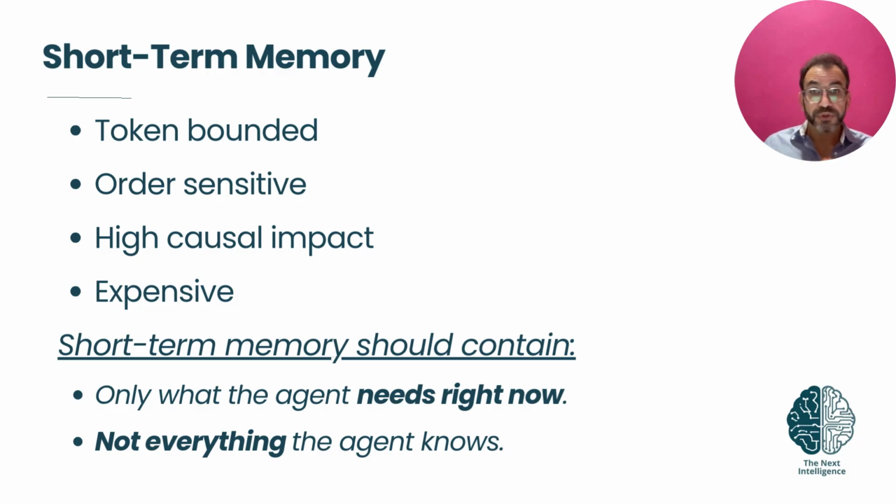So the short-term memory should not reflect what the agent knows, but rather what the agent needs right now, in this very specific moment, which is crucial for the agent to perform the current task under the current circumstances.